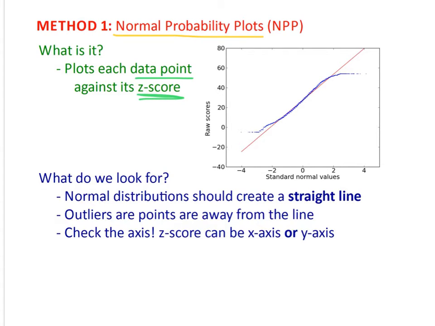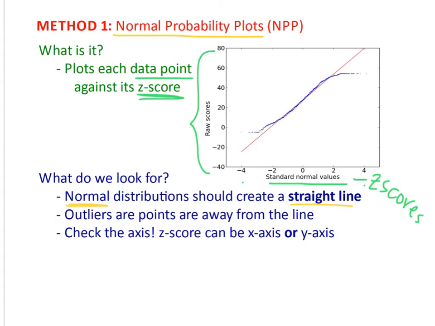So if I look at this graph over here, I can see my raw scores are my vertical axis, and my standard normal values, or my z-scores, are my horizontal axis. Most z-scores we've seen go from about -4 to +4, or -3 to +3. So a normal probability plot, if the data is normal, should create a straight line.